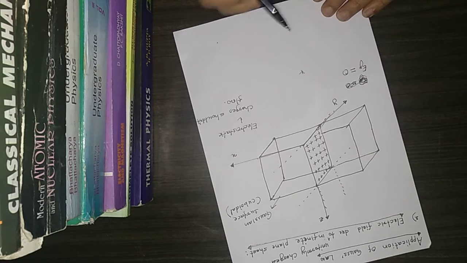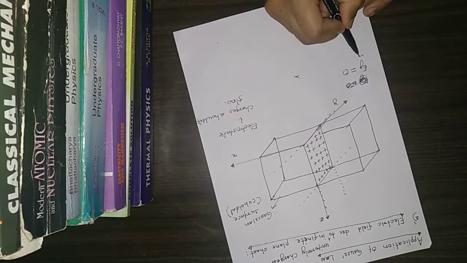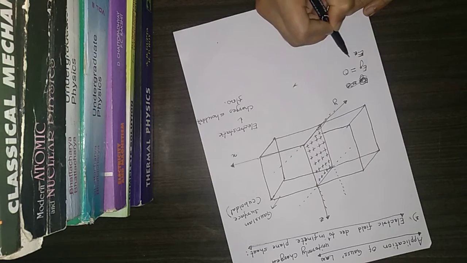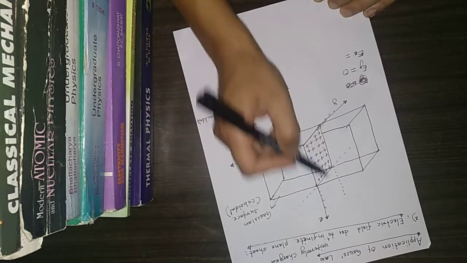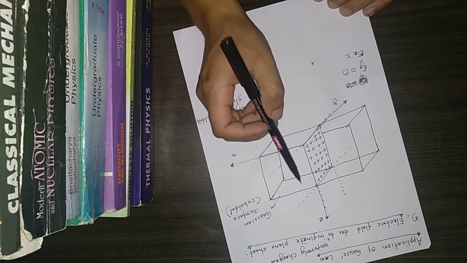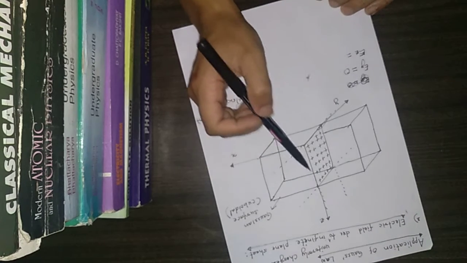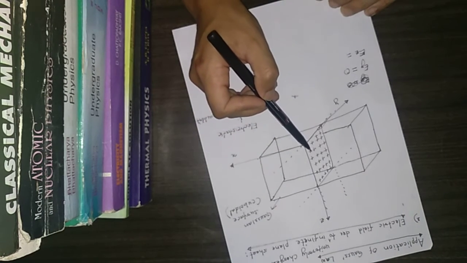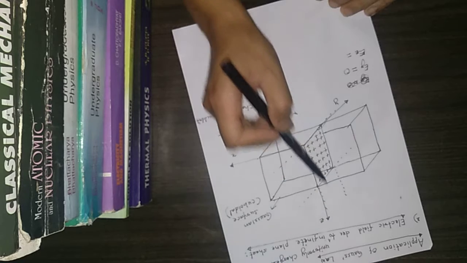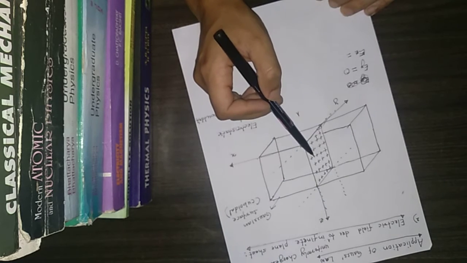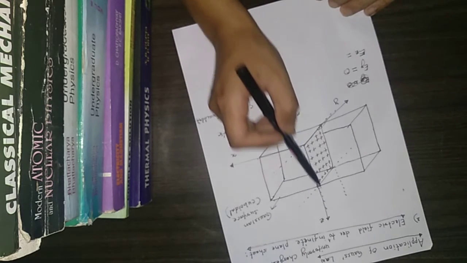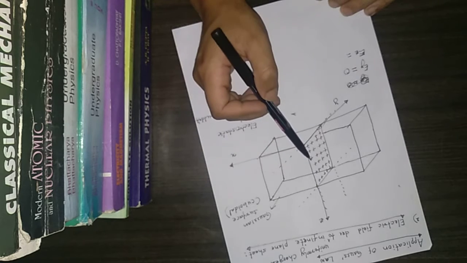It will be zero. Similarly, the electric field along the z direction is also parallel to the surface of the plane sheet. If we consider the electric field along the z direction, then it will force the charged particle to move along the surface of this plane sheet, because the z direction and the plane surface of the sheet are parallel.